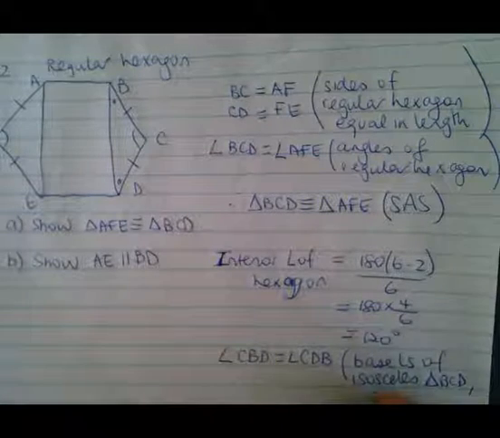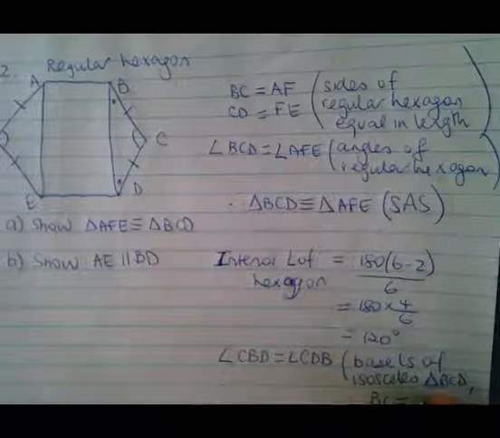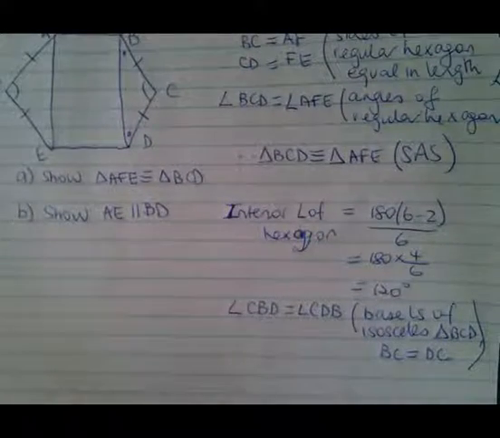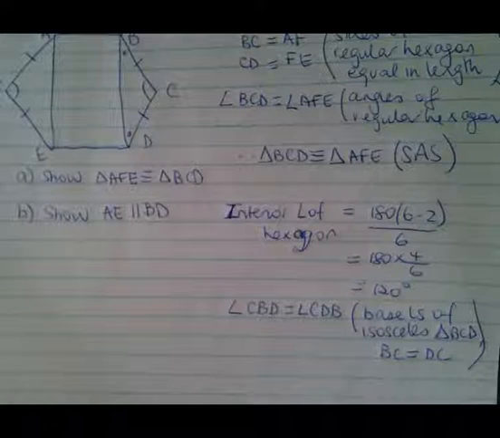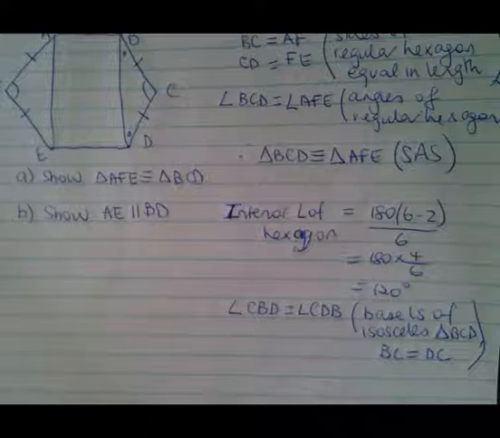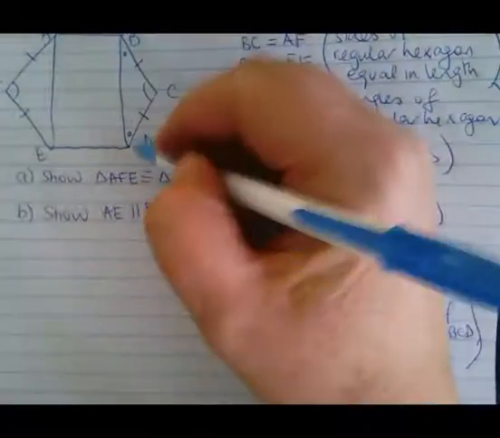Why is it an isosceles triangle? Because BC equals DC. You have to say why it's isosceles, because no one told you it was. Unless the question says it's isosceles, you have to explain why. So those two angles are equal.